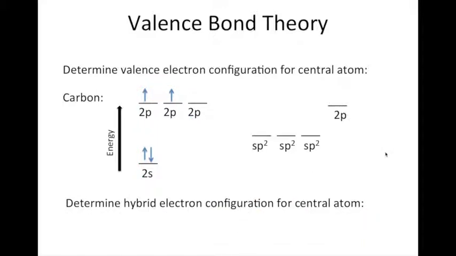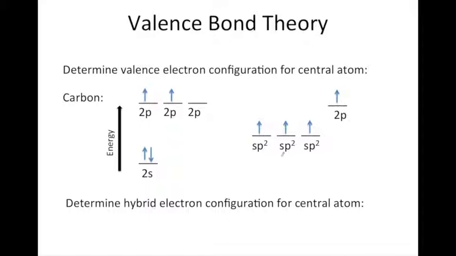So next, let's add our electrons. We started with 4 electrons in each of our carbons, and so we have to place those one at a time. 1, 2, 3. Now here, our 4th electron will not go back into the sp2, it will go into the 2p. The energy difference between these orbitals is fairly small, and so we place 1 electron in each of the hybrid orbitals and then 1 into the 2p.